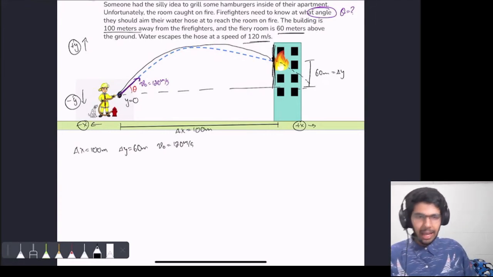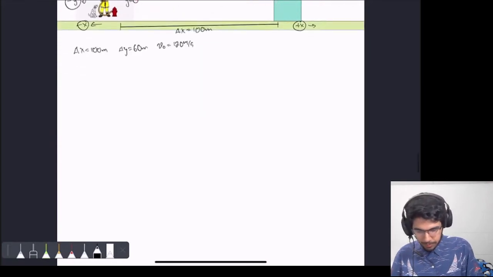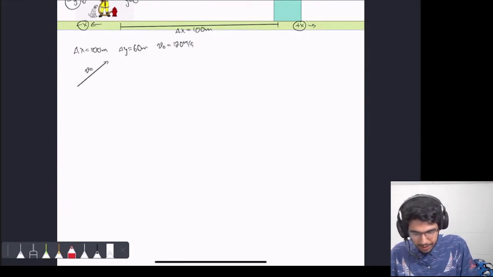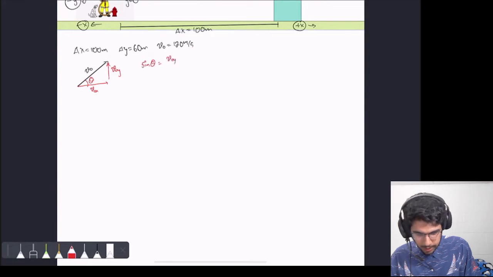So how can we use theta in our computations? Well, using this velocity vector, v naught, we can do the thing we always do, where we break it into its components. So this is v naught x, this is v naught y, and this is theta right there. Sine of theta is equal to v naught y over v naught.